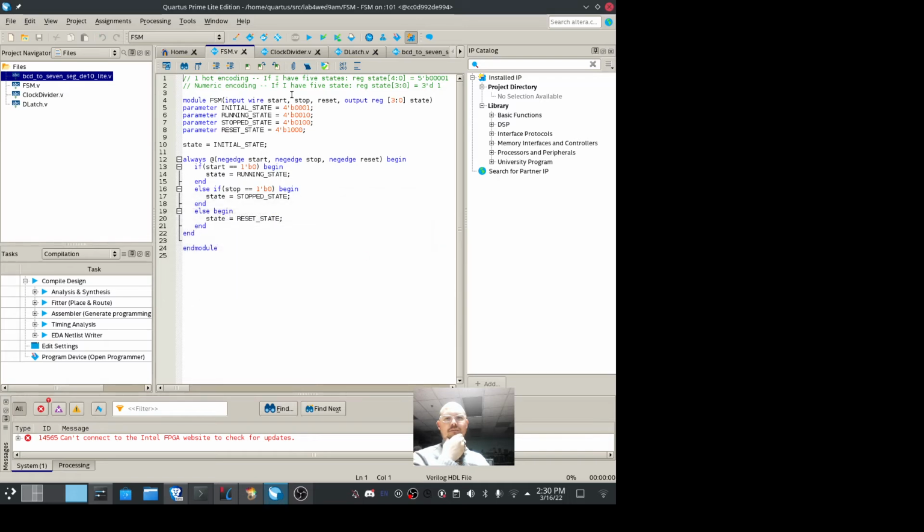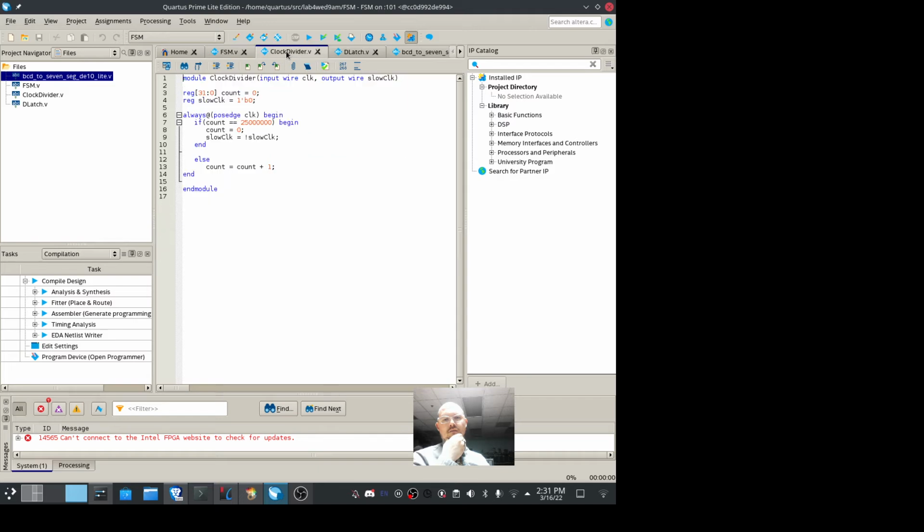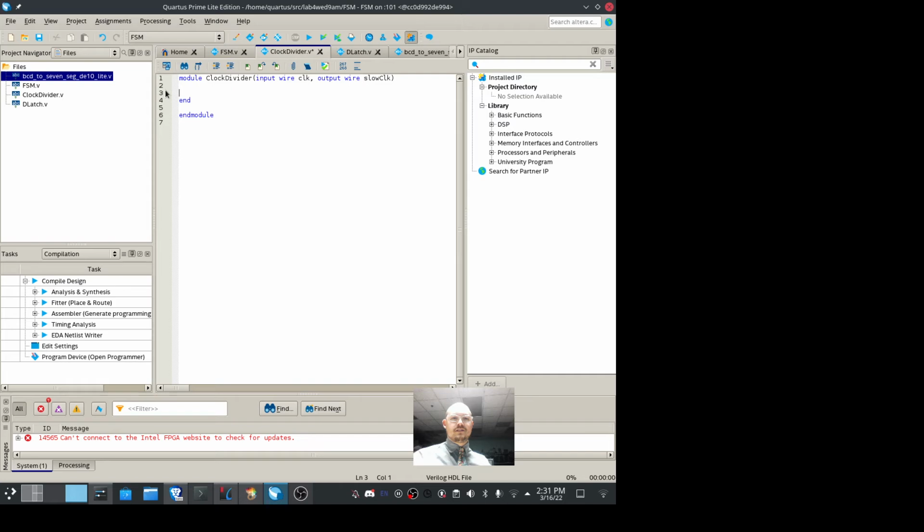Come on, clock divider. All right, take all this out so that you guys don't have all the secrets. Our clock divider, we see here, takes an input clock and outputs a slow clock, and that's it. So we need to track the number of fast ticks that we get so that we know when to tick our slow clock.